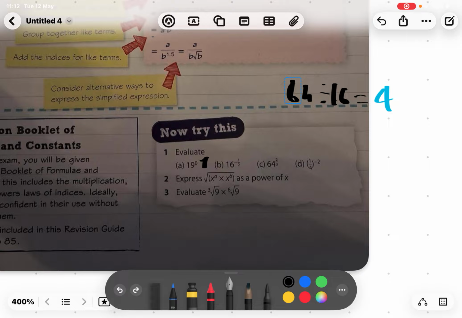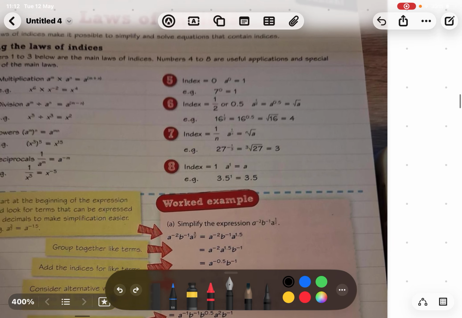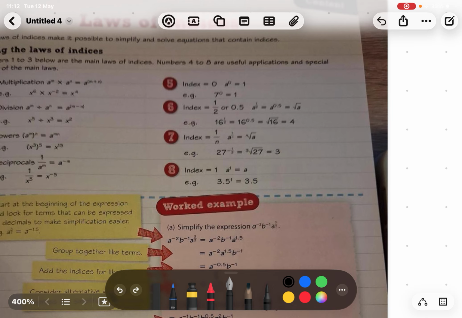Aha. So basically, where did it say that? Oh yes, over here. You see this thing where we moved the 3 over here.